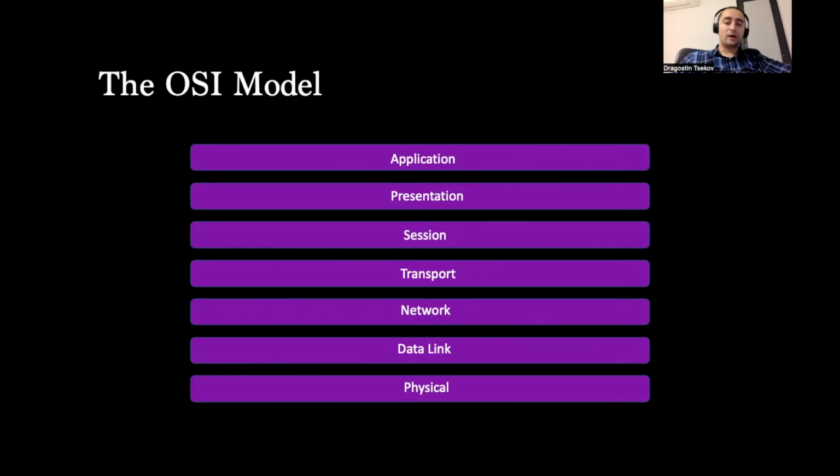Now, OSI is a conceptual model, which means that it's abstract, right? So its purpose is for you to understand how the process that it describes is happening, right?